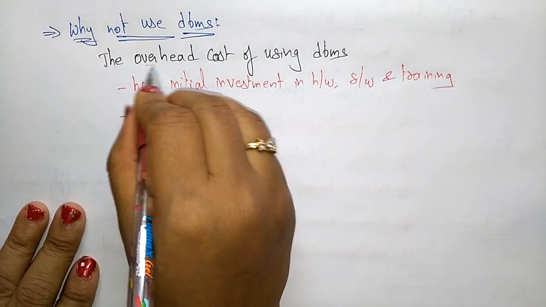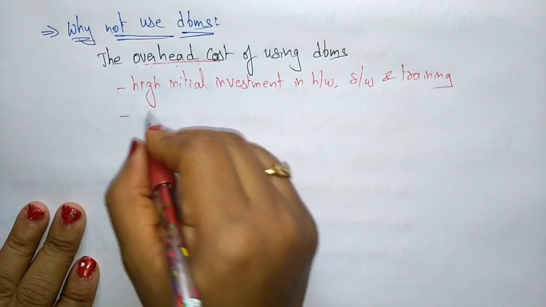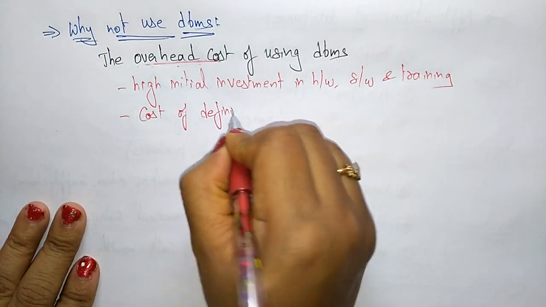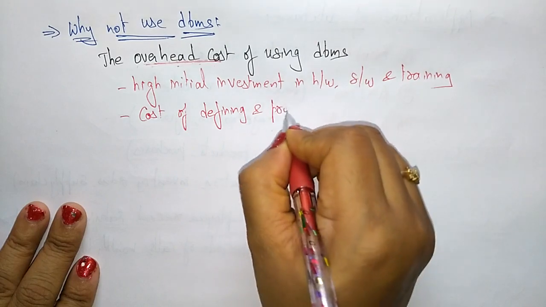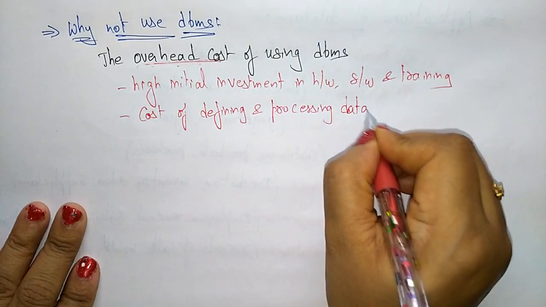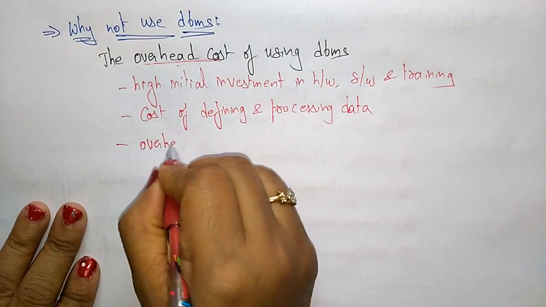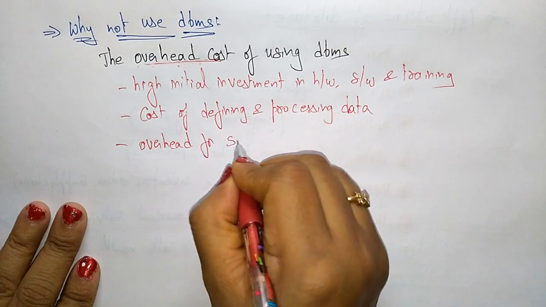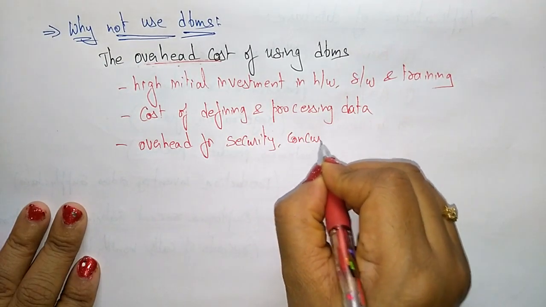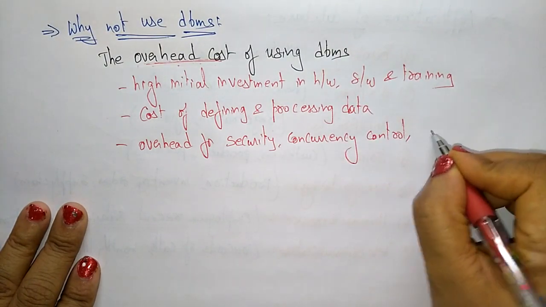That makes the overhead cost, and the cost of defining and processing data also adds to the cost of DBMS, and also the overhead for security, concurrency control and recovery.